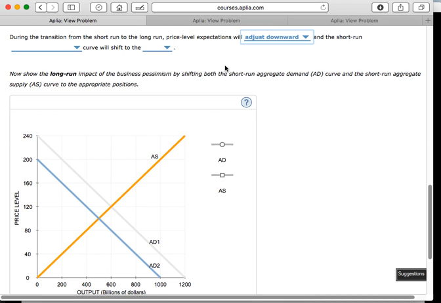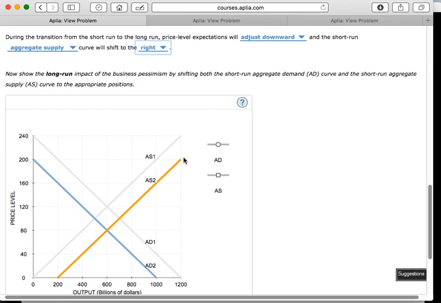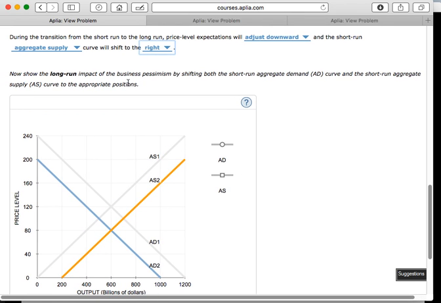But over time, price expectations end up matching reality. Things get adjusted. So the price expectations adjust downward, and the short run aggregate supply curve shifts to the right, exactly like the example we did in class.